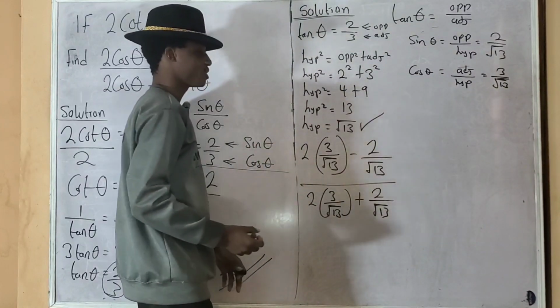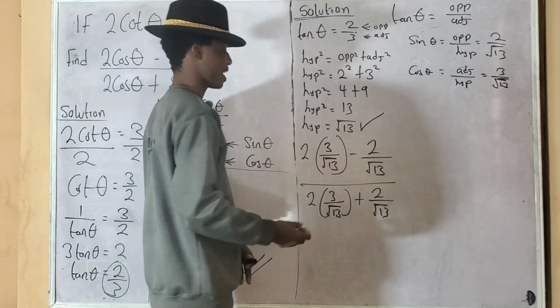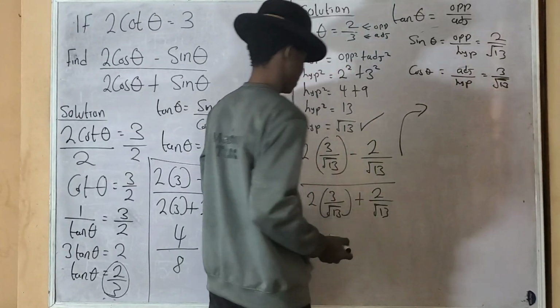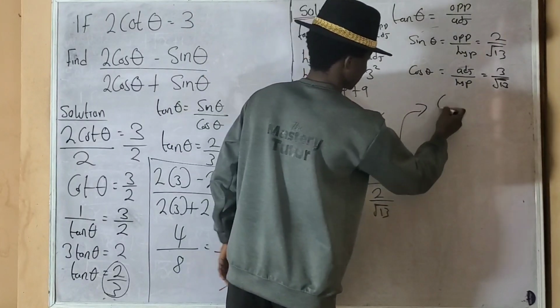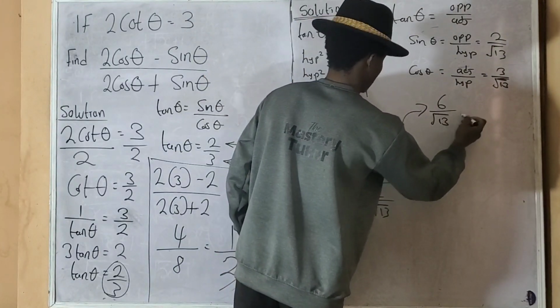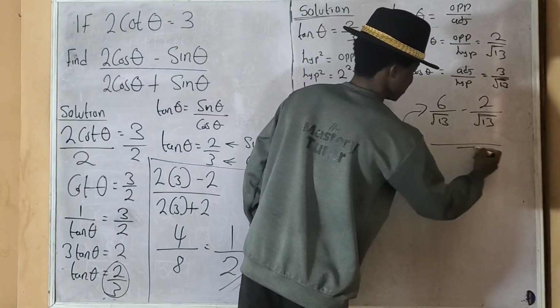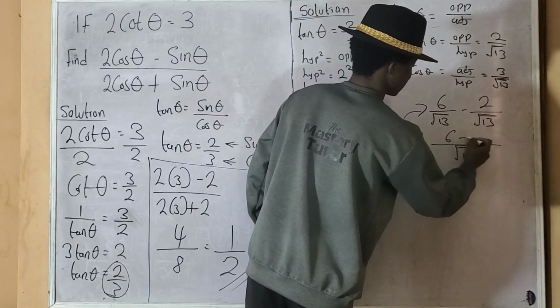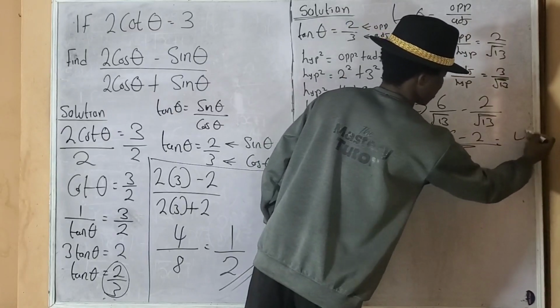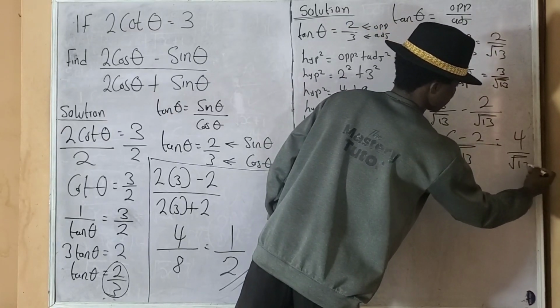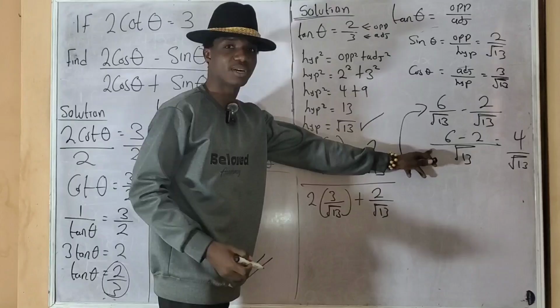Okay, so let us deal with the numerator. At the numerator, we have 6 over root of 13 minus 2 over root of 13. The LCM is root of 13. I'm going to have 6 minus 2. 6 minus 2 is what? 4. So I'm going to have 4 over the square root of 13. This is the numerator.